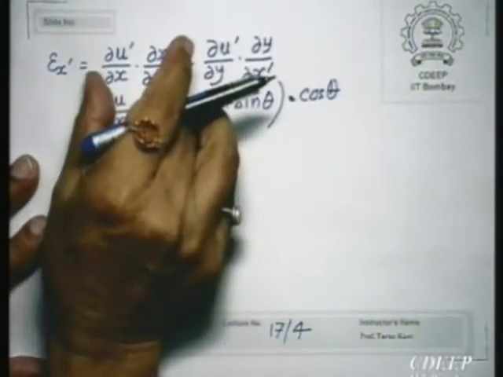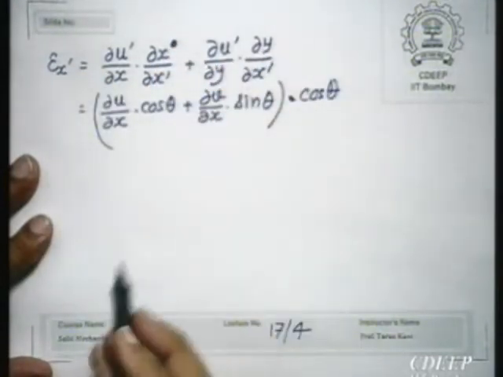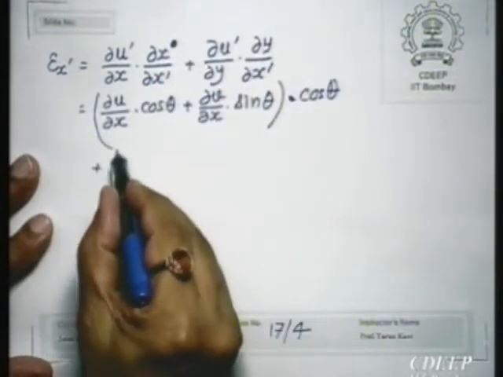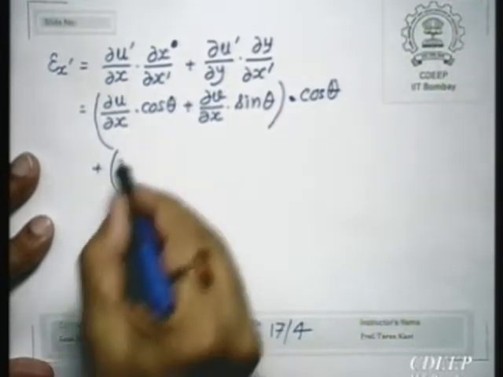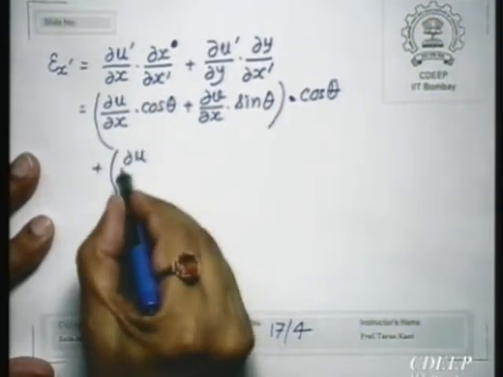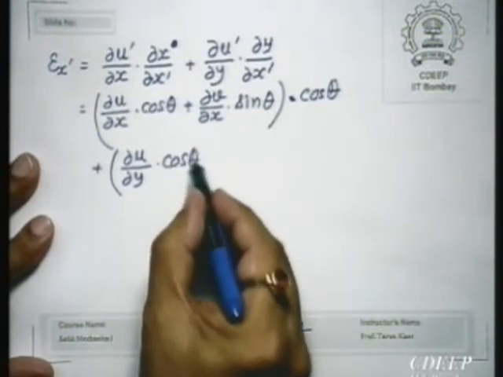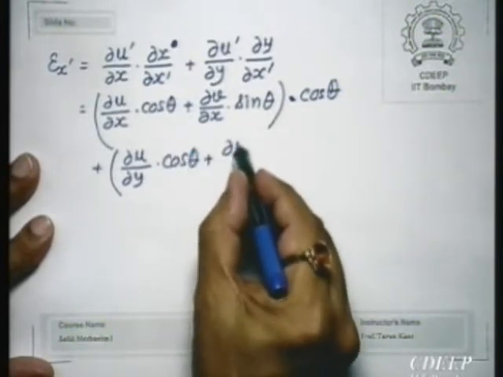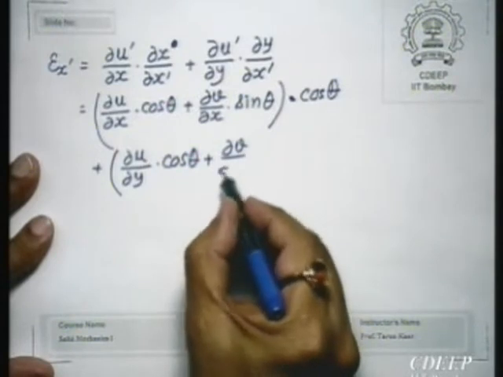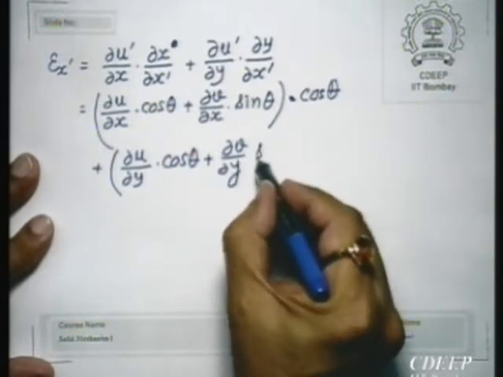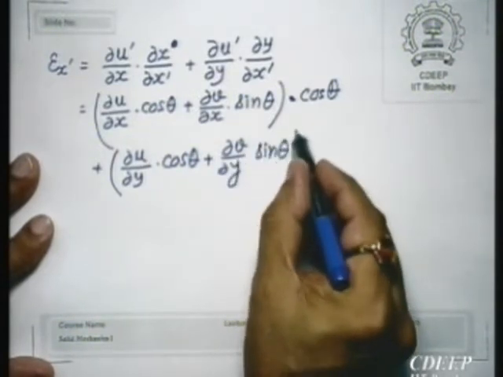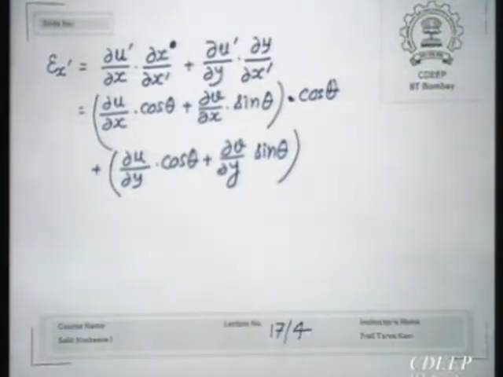plus, so this part is over now, plus du dash by dy. Du dash by dy, in the same manner it will be, and into dy by dx dash.